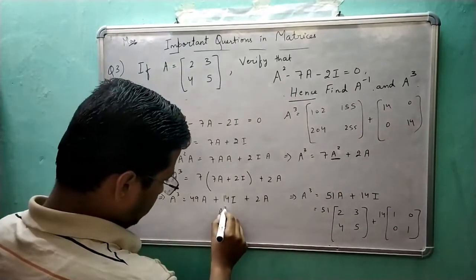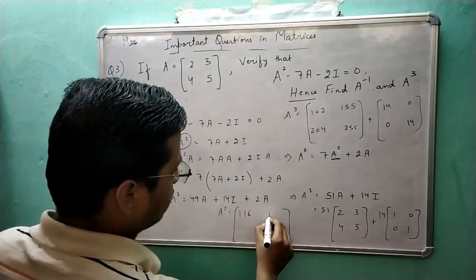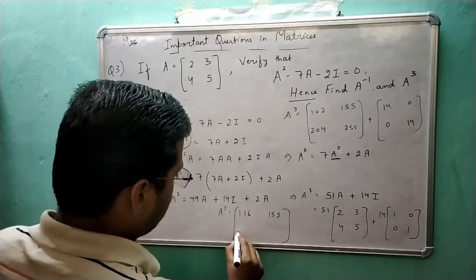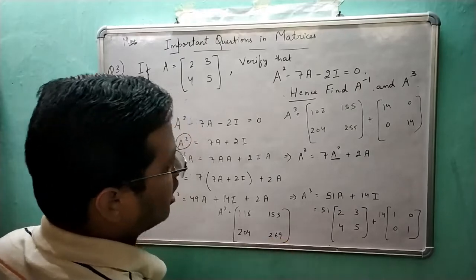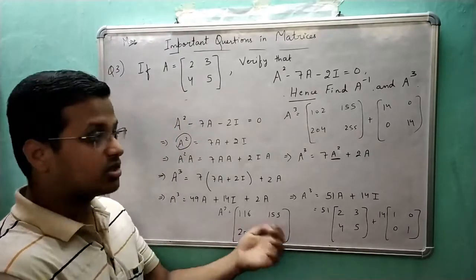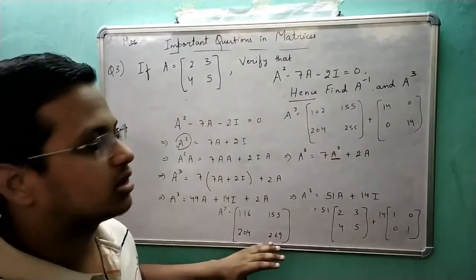So A cube will be [116, 155, 204, 269]. Alright, this is the way to solve this question, and this is a very important 4-mark question.